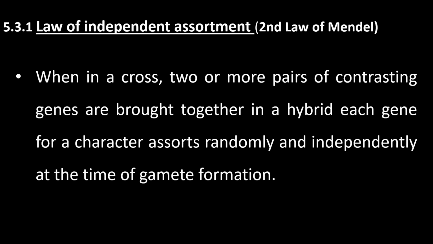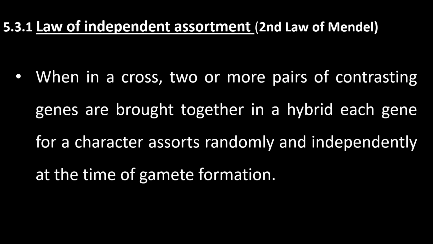From these observations, Mendel put forth the law of independent assortment. It is also called second law of Mendel. When in a cross, two or more pairs of contrasting genes are brought together in a hybrid, each gene for a character assorts randomly and independently at the time of gamete formation.